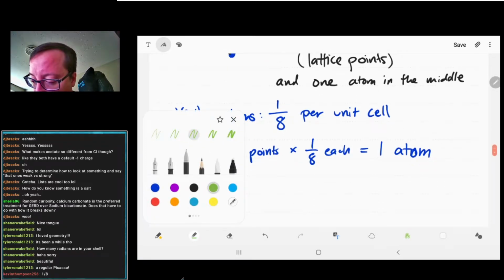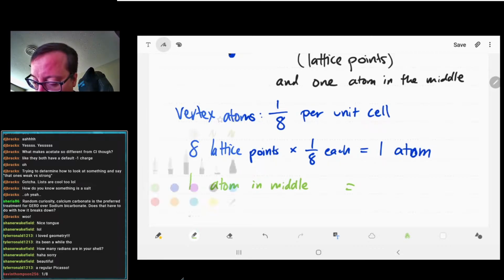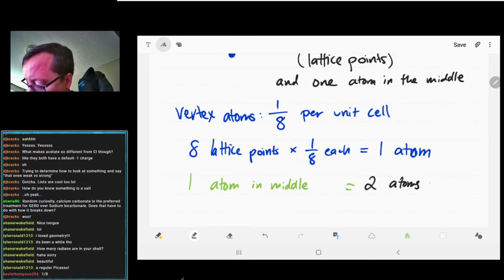If we look at the green atom, we already know we have 1 atom in the middle. And so overall, this structure has 2 total atoms per cell.